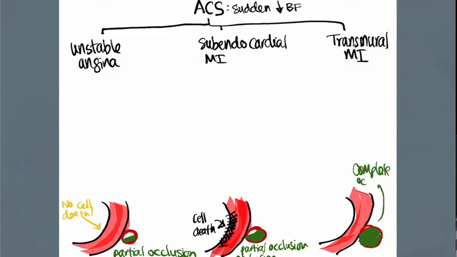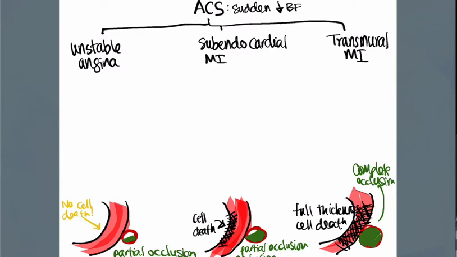Complete occlusion. And because it's completely blocked, you will have cell death across the entire wall of the ventricle. So you get full thickness cell death. So you should be able to see that the severity increases with greater and greater occlusion.